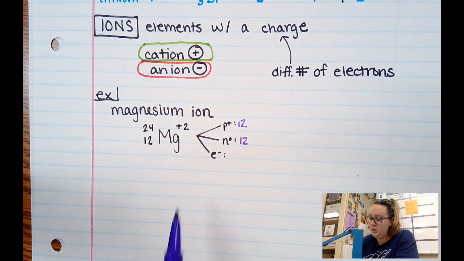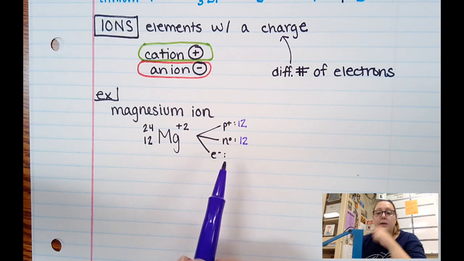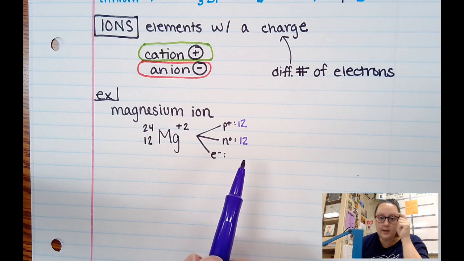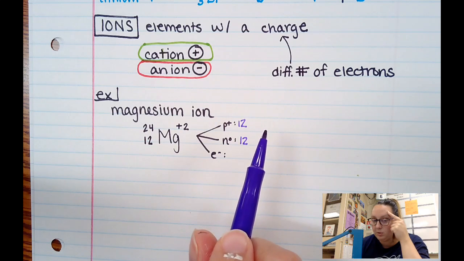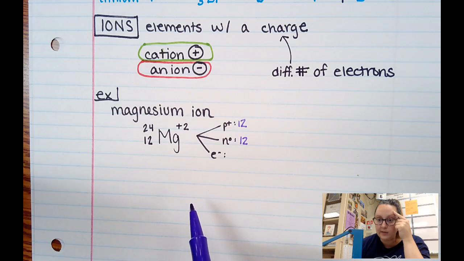Electrons, if it were neutral, it would have 12, but it has a positive 2 charge. So to become positive, do we gain 2 electrons? Do we gain 2 negative things to get more positive? Or do we take away negative things to become positive? And to become positive, we take away negative things.